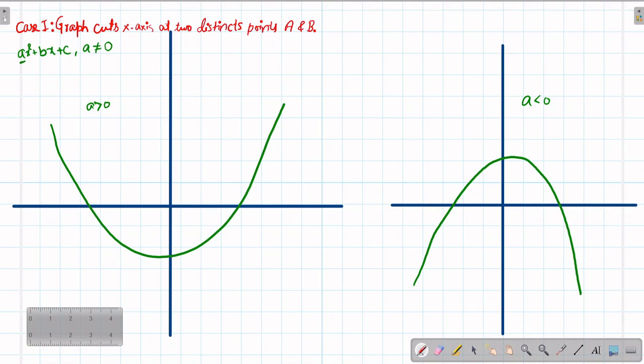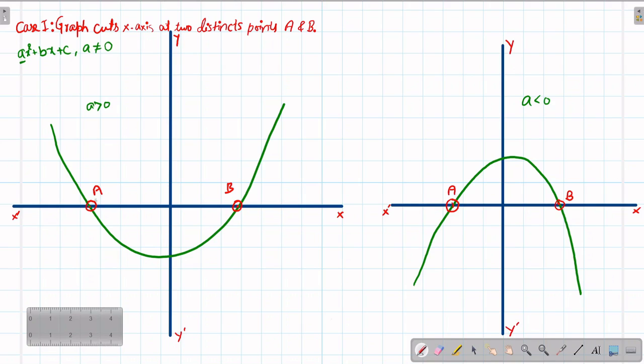And you also observe that this is the point where the graph is intersecting. Let me give its name a, here b. Similarly, this graph is also intersecting the x-axis at a, and this is point b. Here I have not given the axis name, so write the name of the axis also.